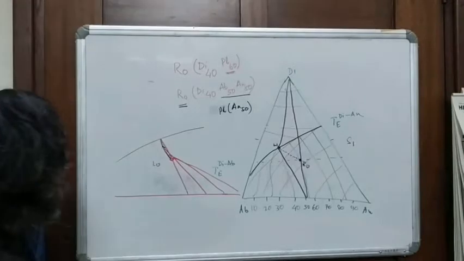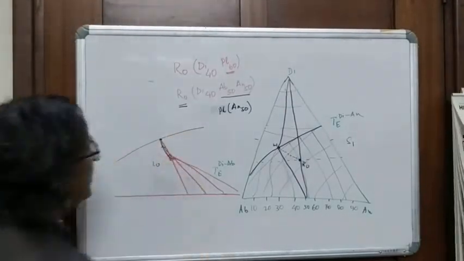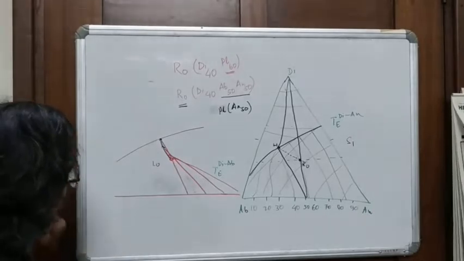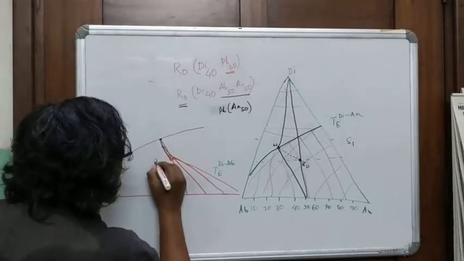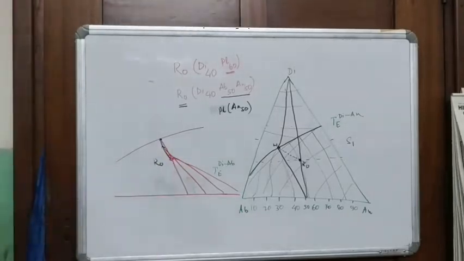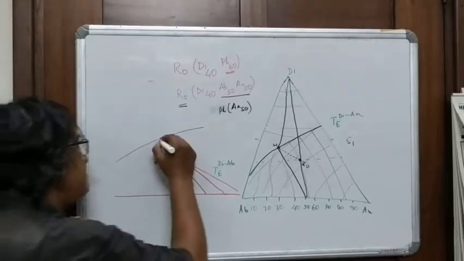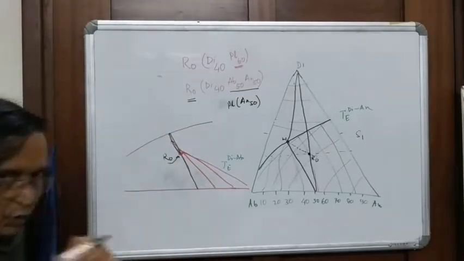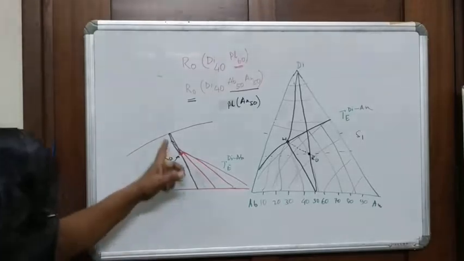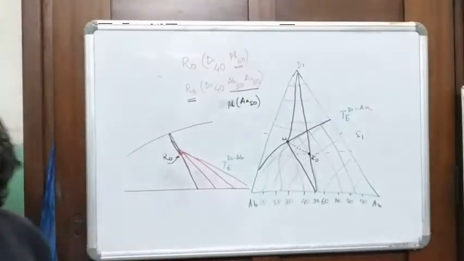So once you have a melt composition here, if your rock composition is somewhere here, and your melt composition, this was the tie line which I showed in the last diagram. This was the tie line. Yes or no? Now what will happen?